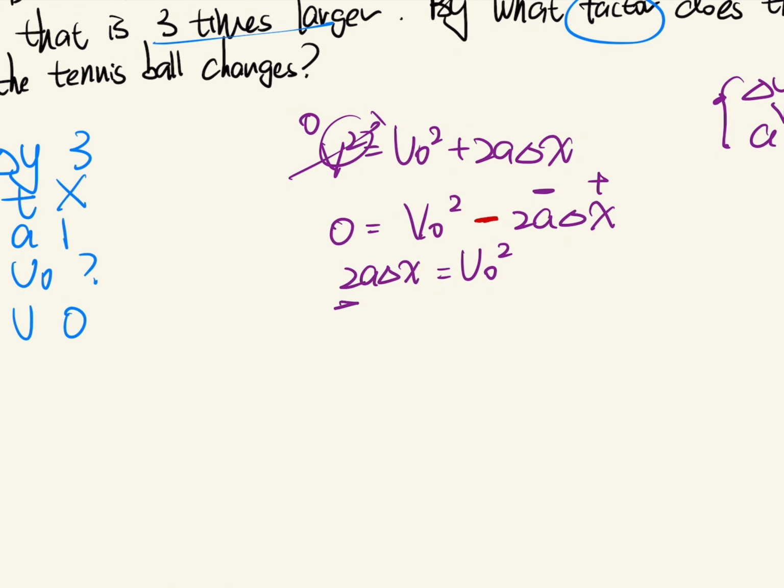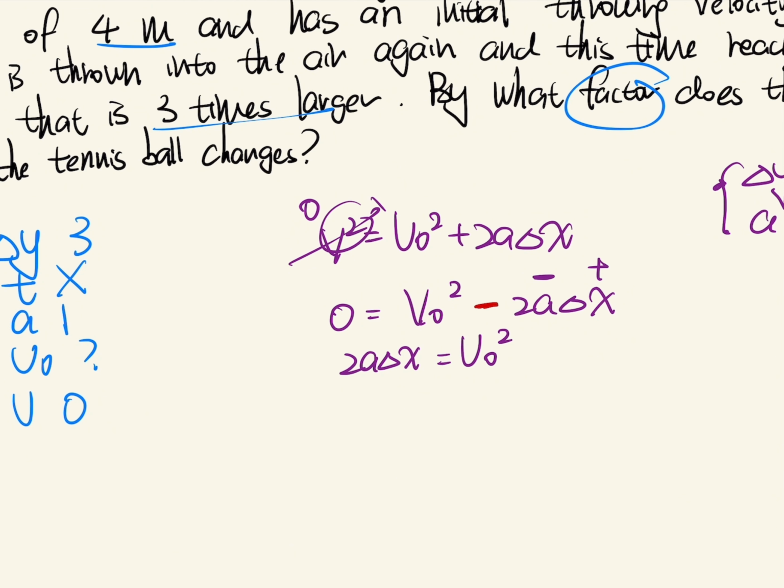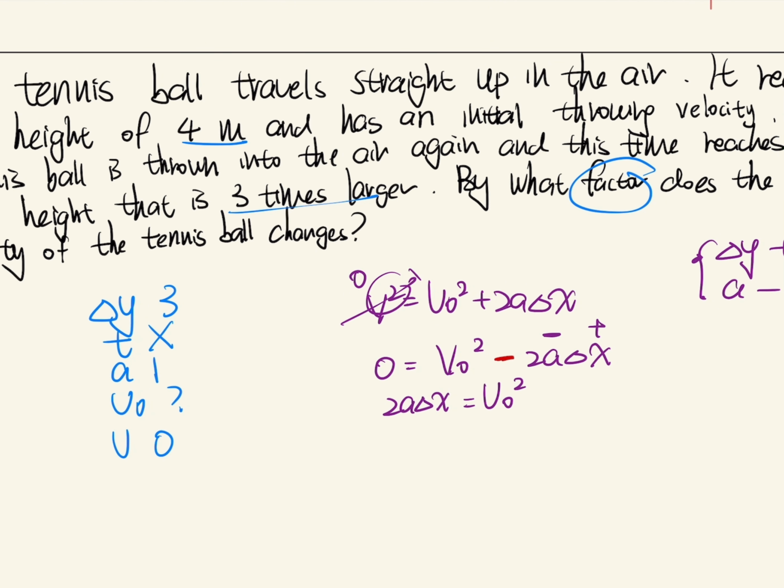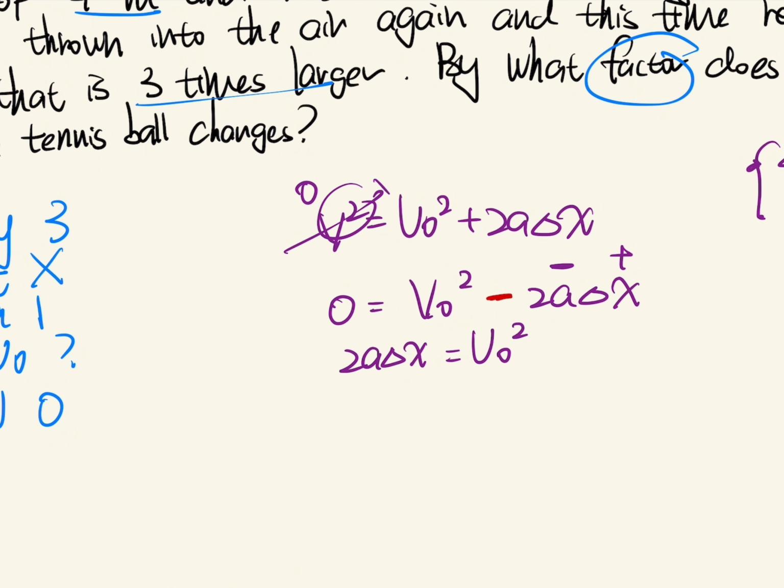Remember, 2 is a constant, right? So when dealing with factor, the 2 is always that 2. It doesn't change when the height is 3 times larger. So when we are plugging in the factor, 2 remains. So it's always 1 times larger, right? 2 is 1 times larger than 2.